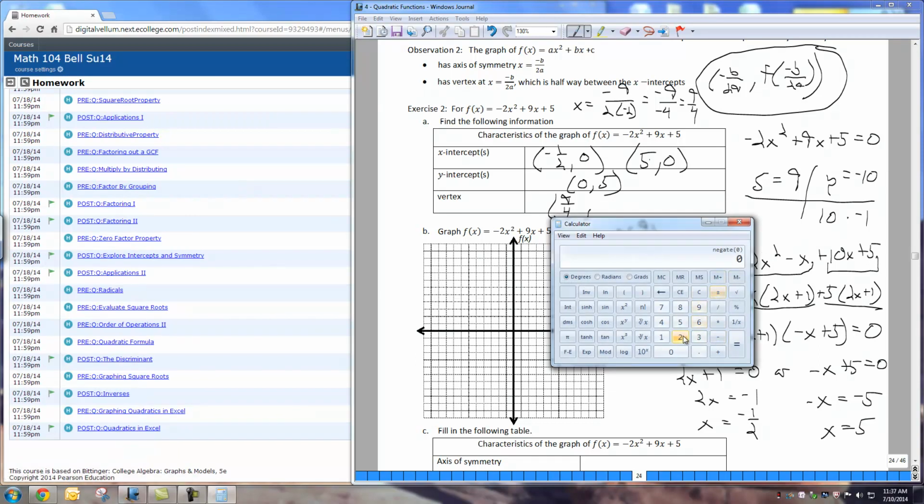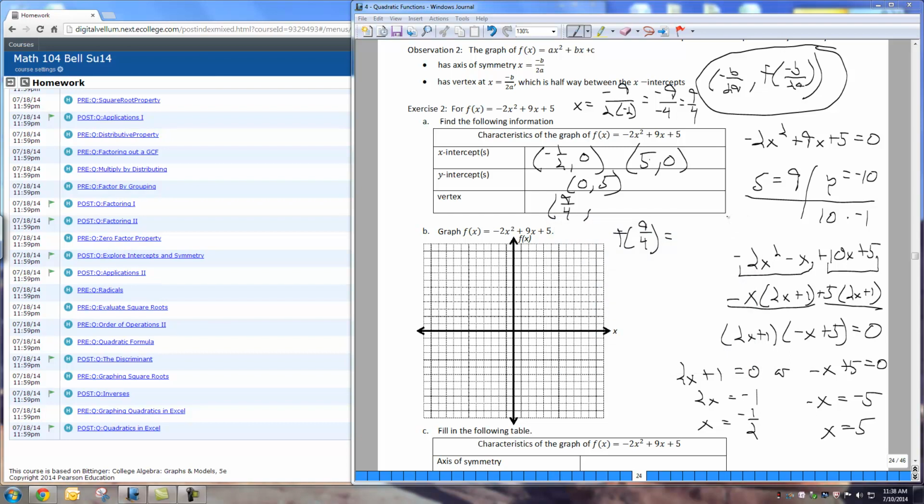So we have negative 2 negated, times 2.25 squared plus 9 times 2.25, which is what 9/4 is, plus 5 equals 15.125. So notice our leading coefficient is negative, so this graph is going to open down.